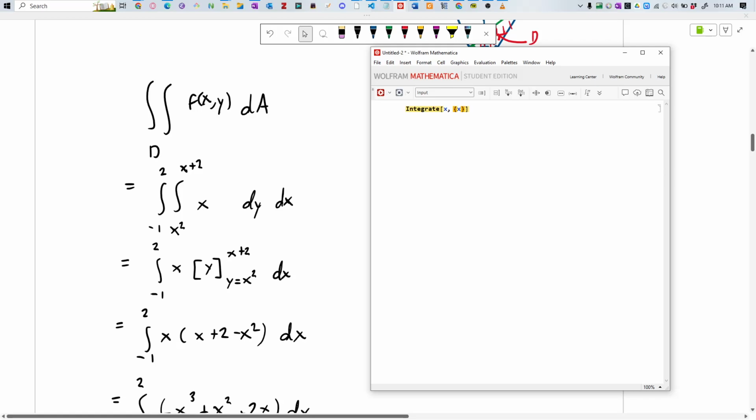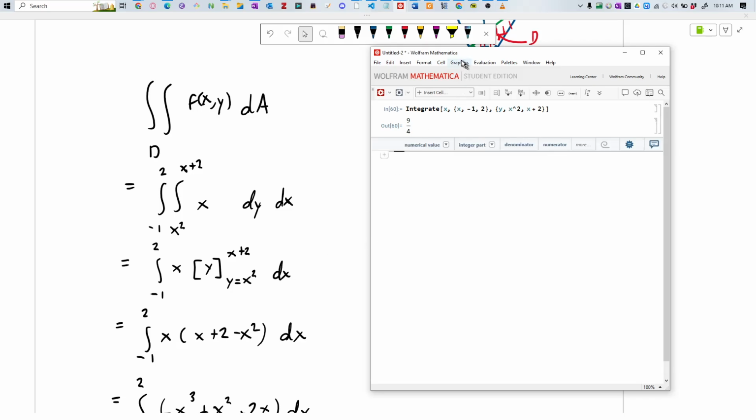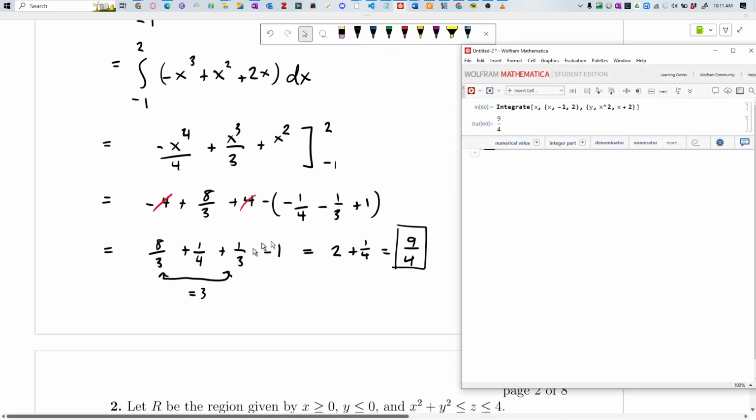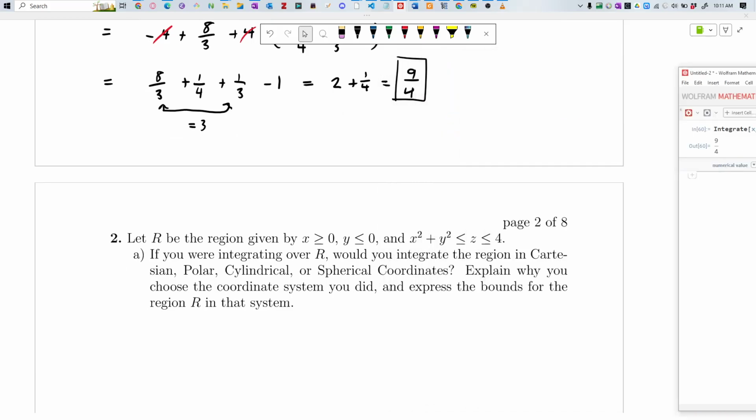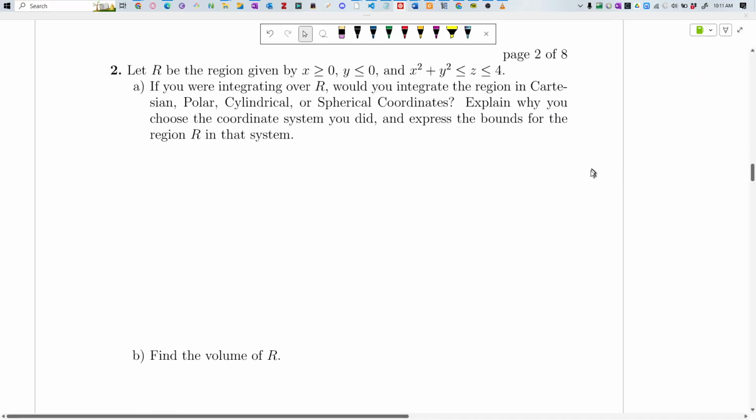X from minus 1 to 2, y from x squared to x plus 2. 9 over 4, good, okay. I know that I can always potentially make arithmetic mistakes, so I just want to be super careful, just in case. All right, let's see, 2a.